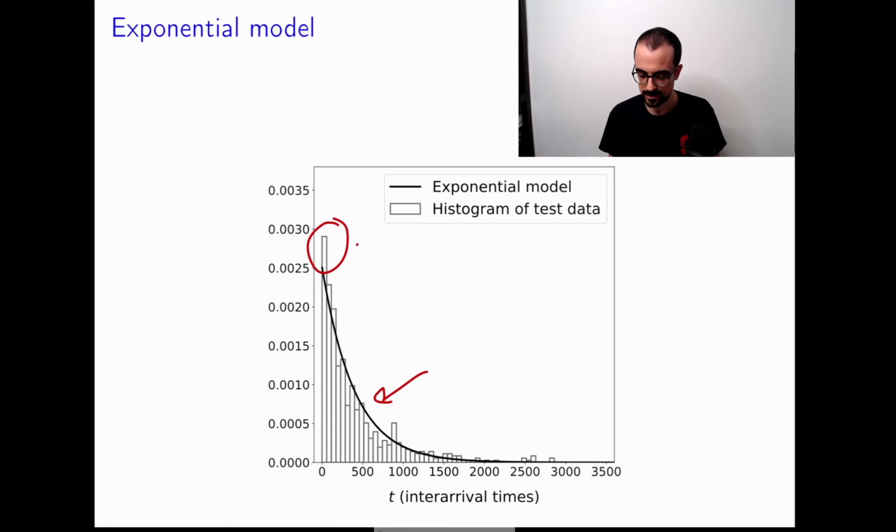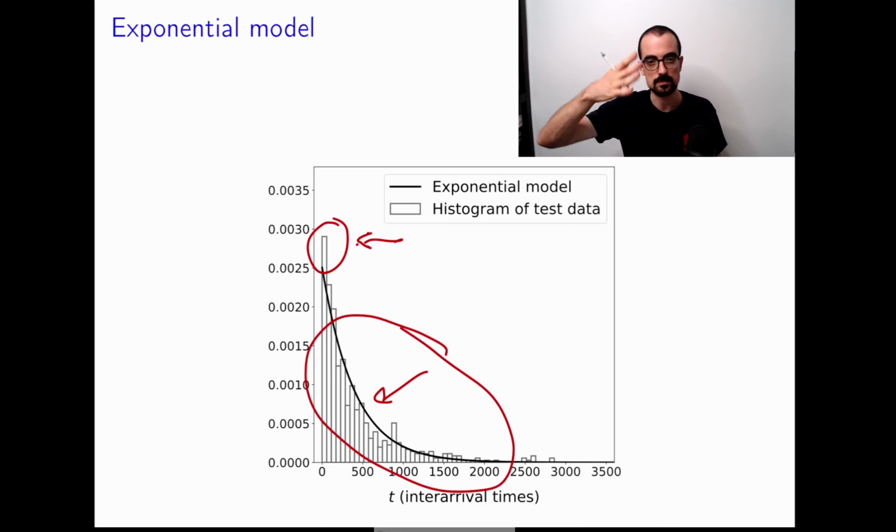It seems that there's a tendency of there being more short calls than you would expect from something that is actually exponentially distributed. But from the rest, we do see that the exponential density gives you a pretty good fit to the test data.